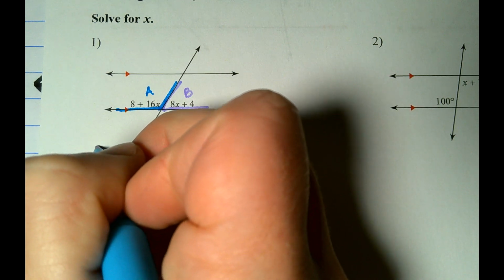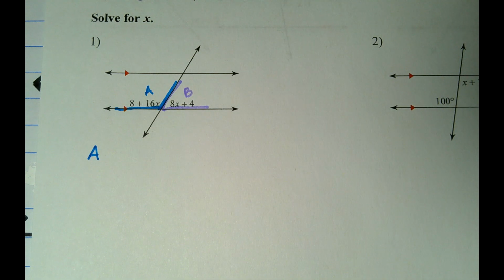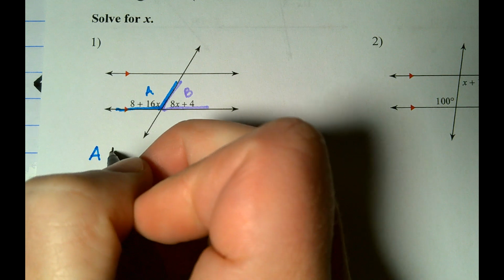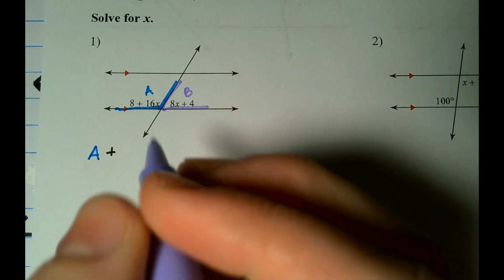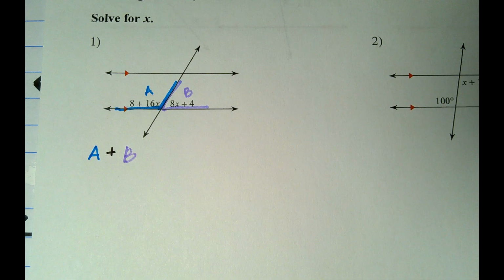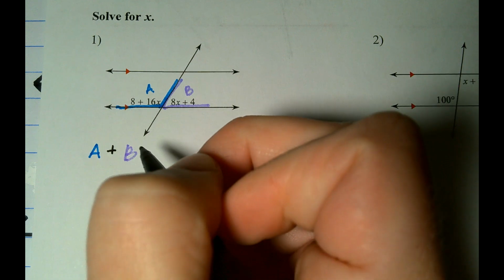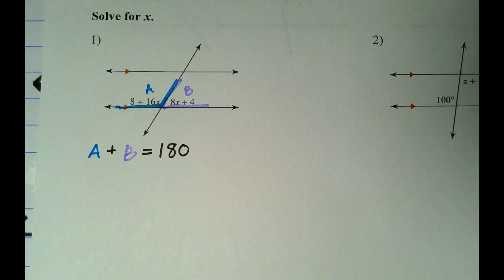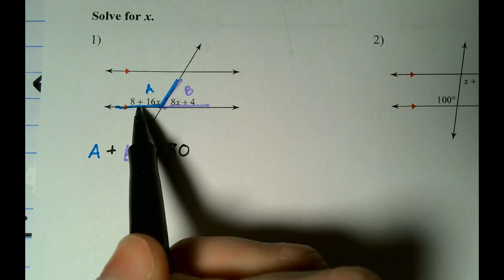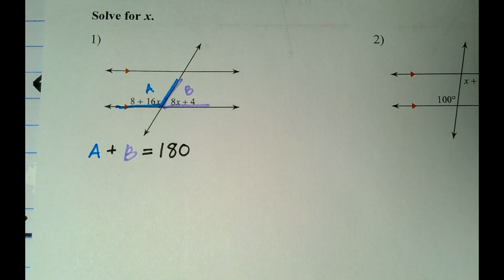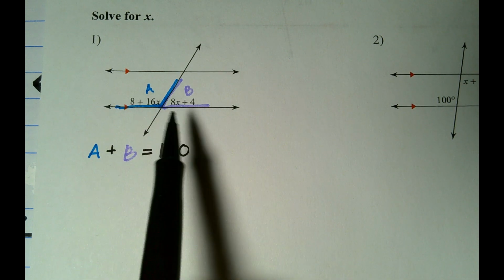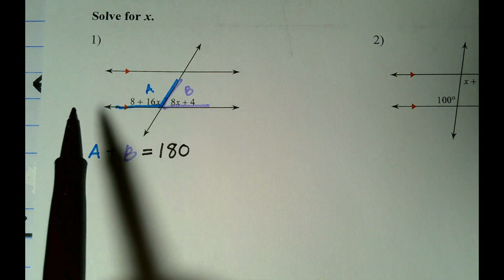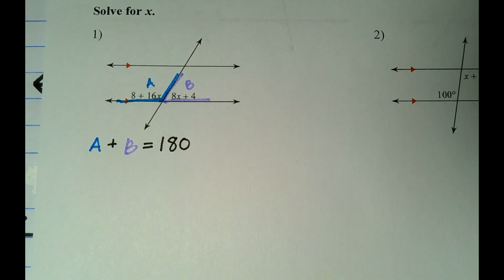I could say that A plus B equals 180. Why do these angles add up to 180 degrees? Because they form a straight line. Perfect. They form a straight line, so they add up to 180.